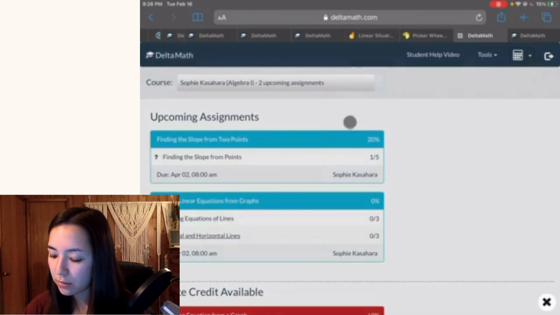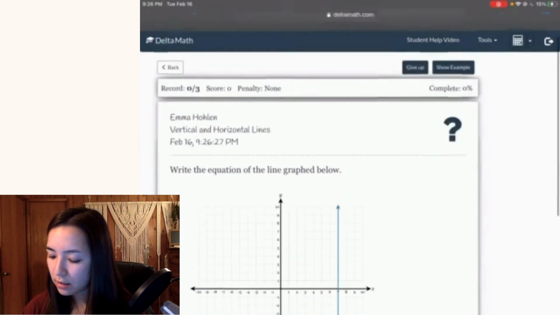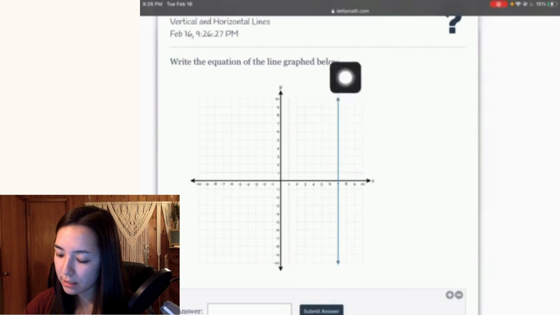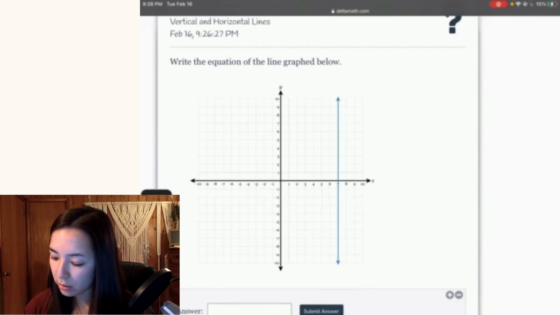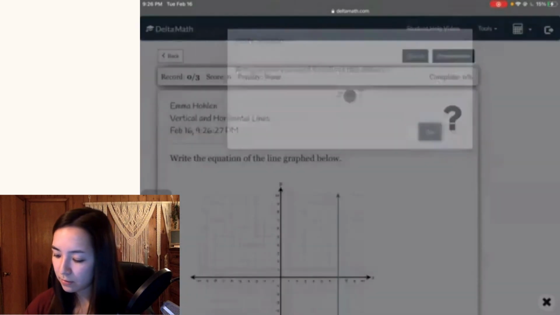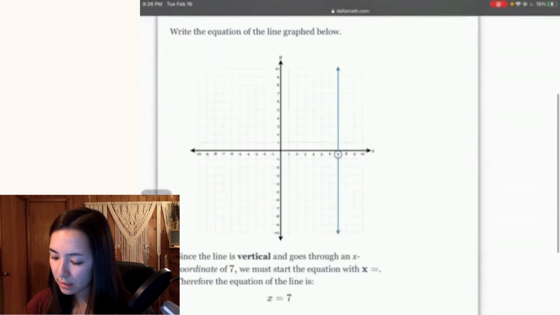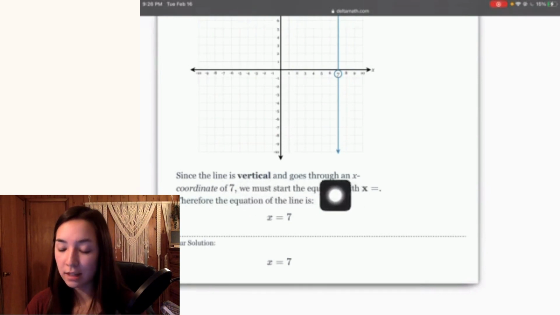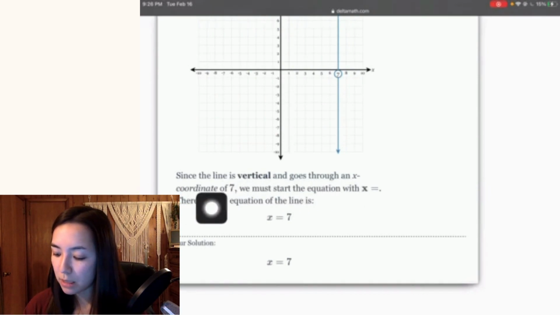So let's look at one of these. So this is a straight up and down line that crosses at x equals 7. So your equation would be x equals 7. It says since the line is vertical and goes through the x-coordinate of 7, we must start the equation with x equals.